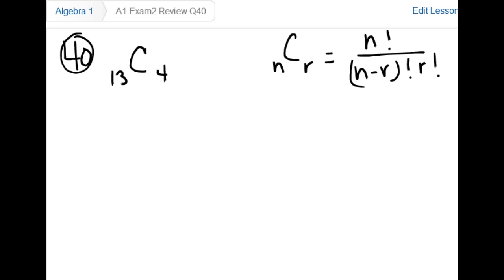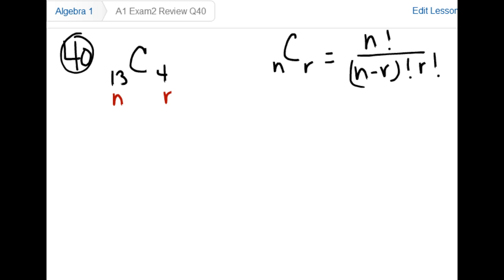Question 40. Evaluate the expression 13C4. So that means a combination of 13 items taken 4 at a time. And here's our formula. n factorial over n minus r factorial times r factorial. So our n is 13 and our r is 4.